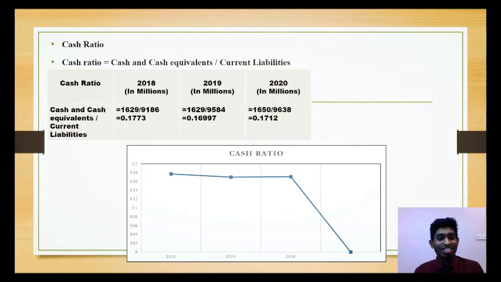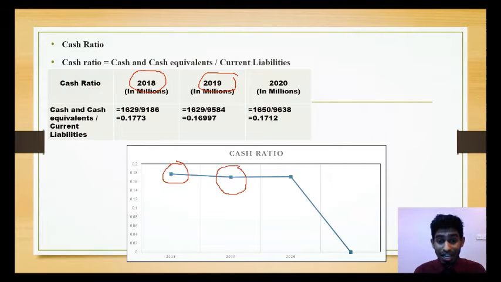Now we are in cash ratio. Cash ratio formula is cash and cash equivalents divided by current liabilities. The cash ratio is a liquidity indicator that measures a company's ability to repay short-term debt obligations with its cash and cash equivalents. From the graph and the table below, we can see that the cash ratio indicates a decline from 2018 to 2019, that is from 0.773 to 0.16997.